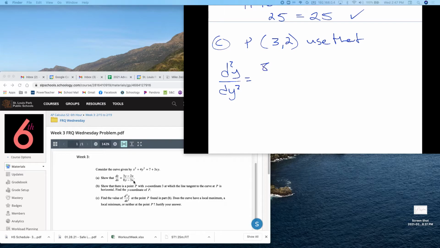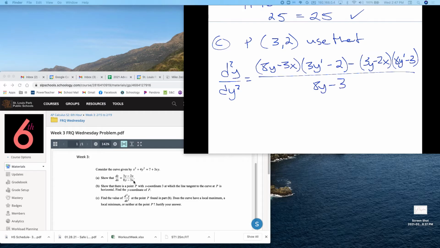So we're going to do the low times the derivative of the top minus the top times the derivative of the bottom over the bottom squared.